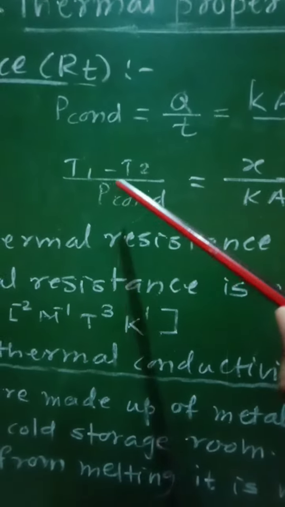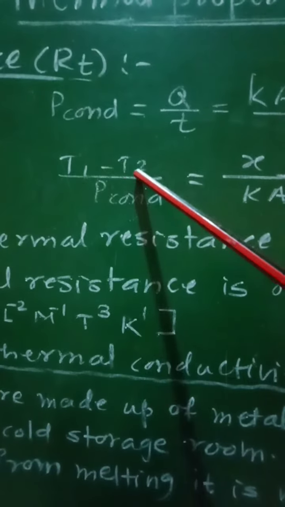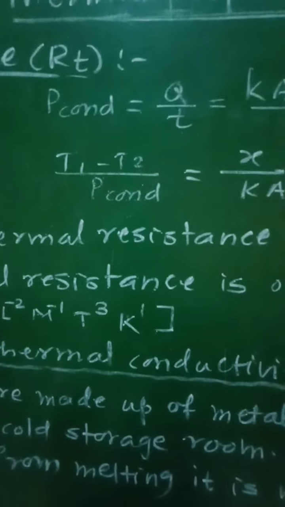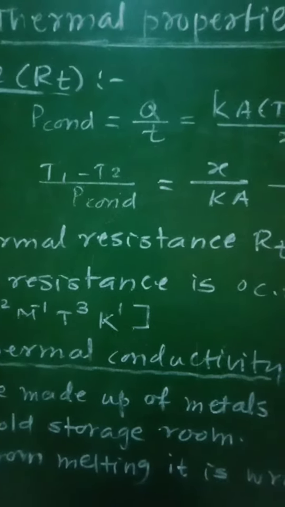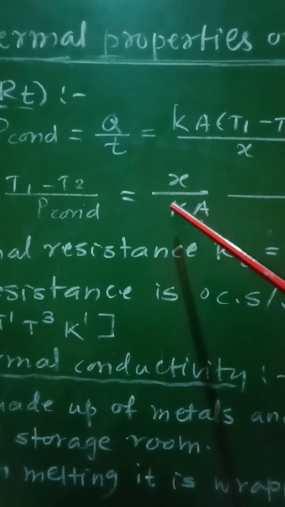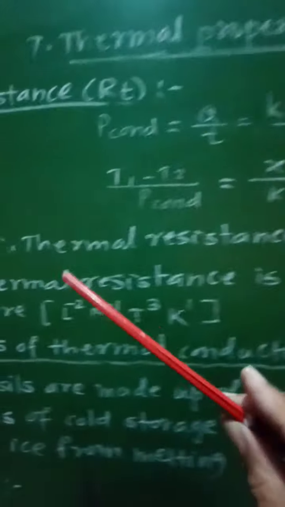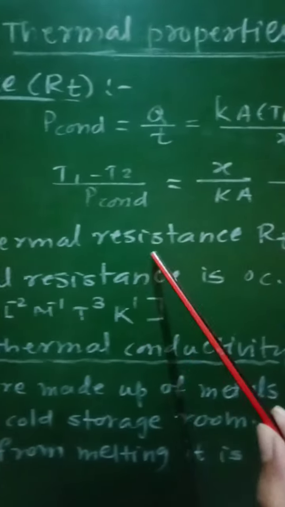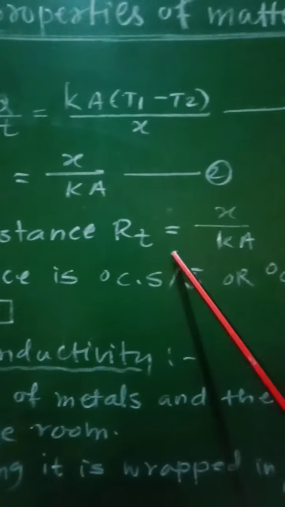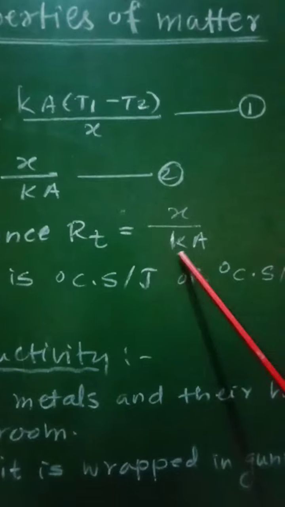Similarly, in this case (T1 minus T2) upon P conduction represents the thermal resistance, which is given as X upon KA, and therefore thermal resistance RT is equal to X upon KA.